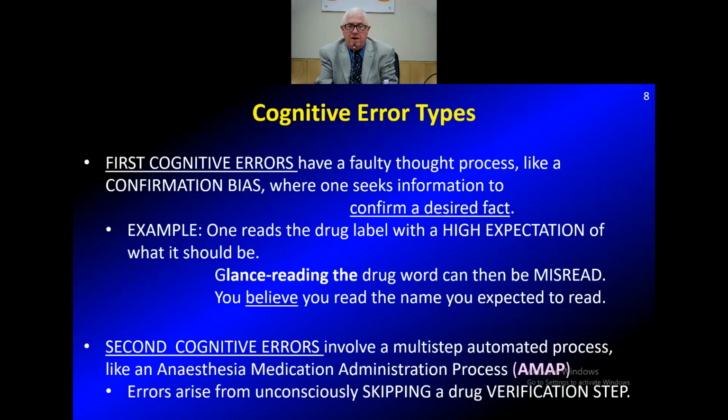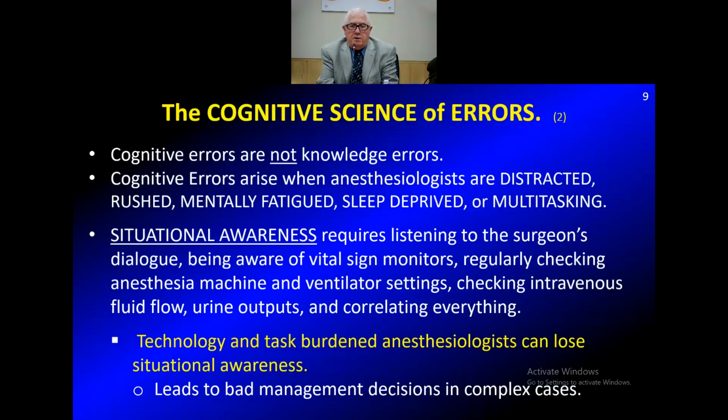You know what you're looking for, that's the ampule you want to find, and that's what you expect to read. If you then glance read that label, you can easily misread it and not recognize it's a different drug to the one you are seeking. But you believe you read the name you expected to read. The second cognitive errors involve a multi-step automated process, like the AMAP process that we're talking about, and errors arise when we unconsciously skip a verification step.